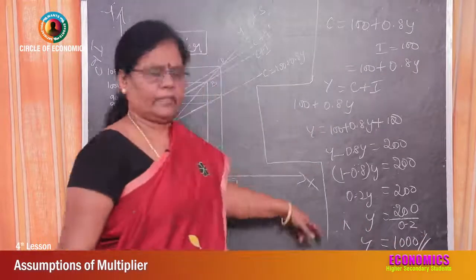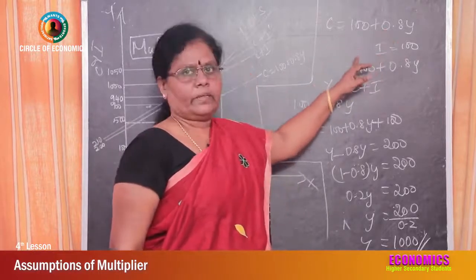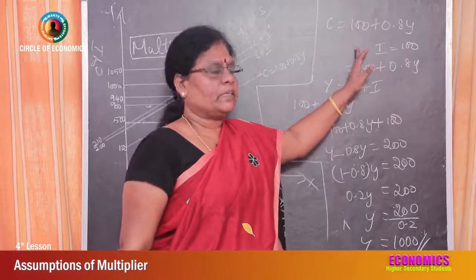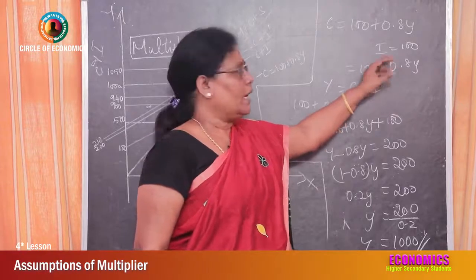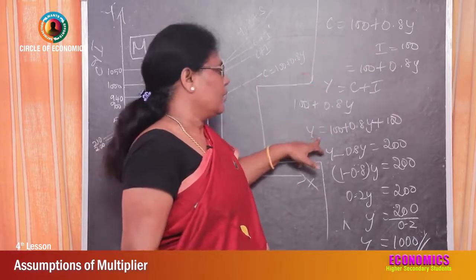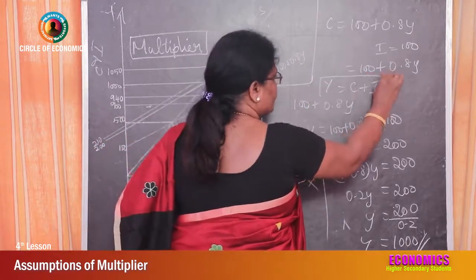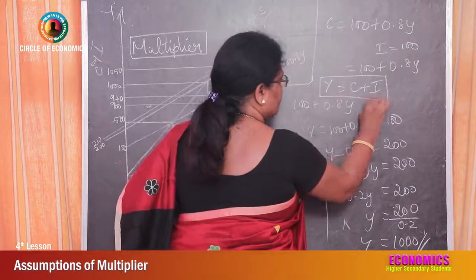Is the calculation clear? C is equal to 100 plus 0.8y is given. If investment is 100, we have to apply this 100 in this formula. What is the formula? Y is equal to C plus I. This is the formula we have studied always, isn't it?